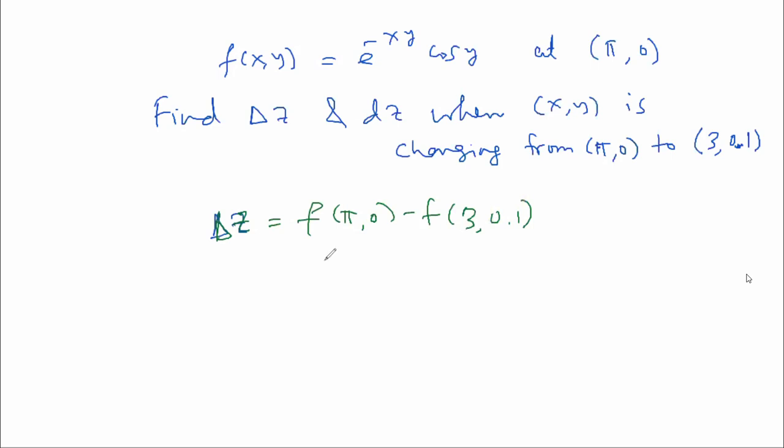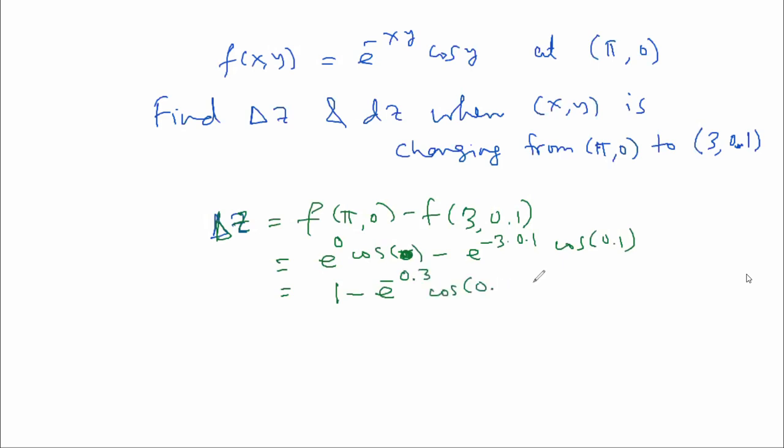That means e to the negative 3 times 0.1 cosine 0.1, minus e to the 0 cosine 0. Cosine 0 is 1. So whatever that number is, that is the change in height of the surface of this graph.